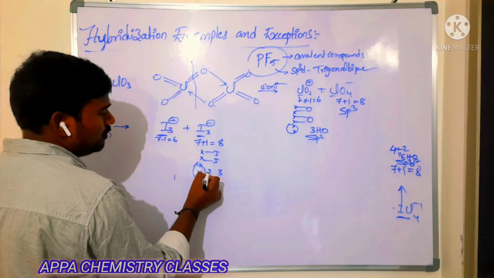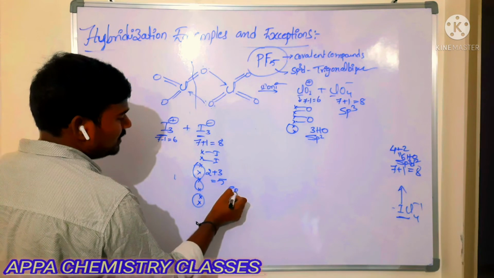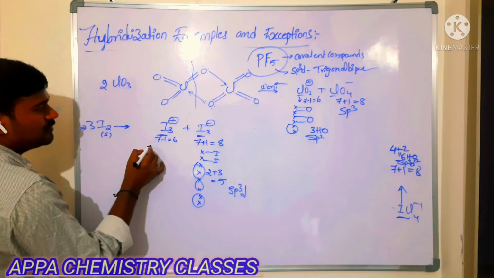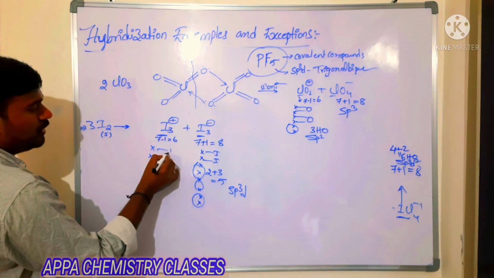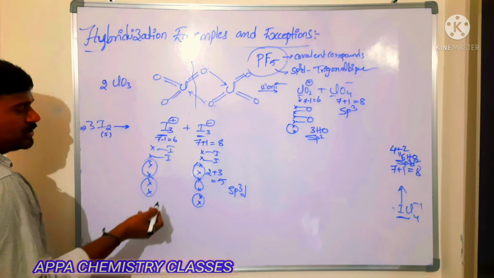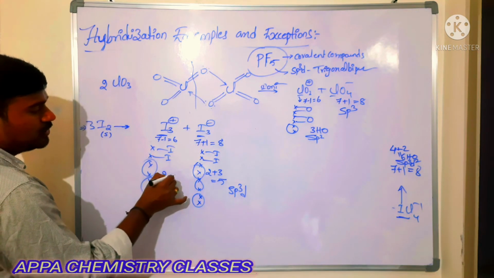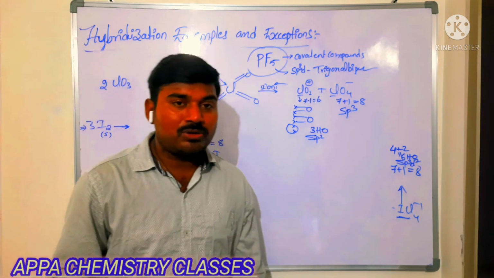So 2 plus 3, that is total 5. 5 means sp3d hybridization. Here 6. So 2 iodines, 1 iodine will be the center. So 2 bond pairs and 2 lone pairs. So sp3 hybridization. Is that clear? So these are the exceptions.